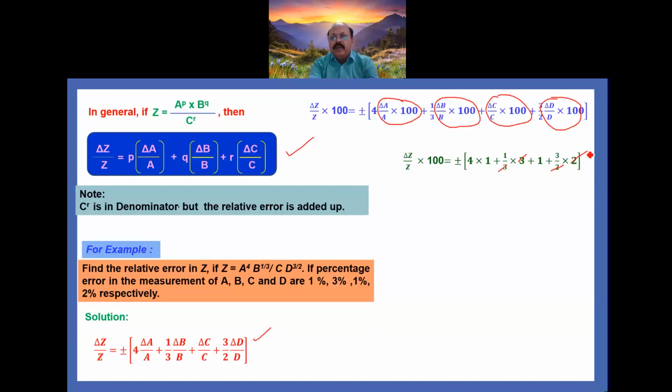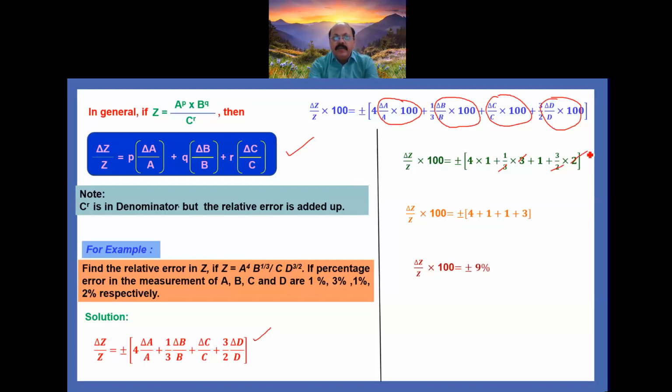So finally delta Z upon Z into 100 equal to plus minus 4 plus 1 plus 1 plus 3, that is plus minus 9%. So this is the percentage error in Z. The concept which you learned, we have applied here.